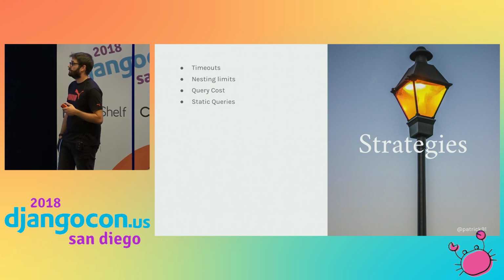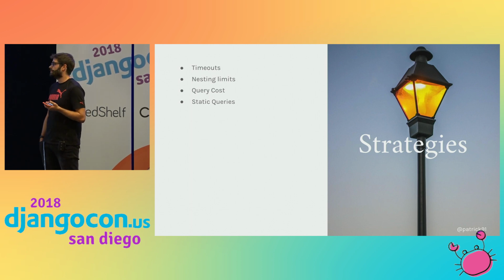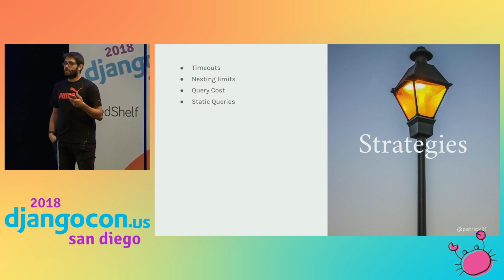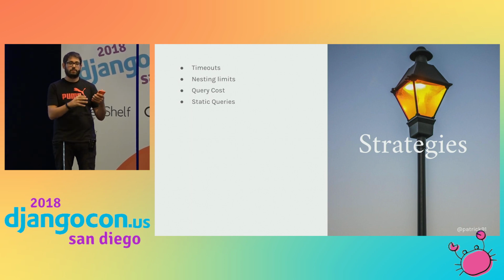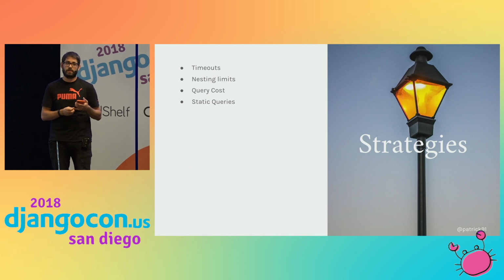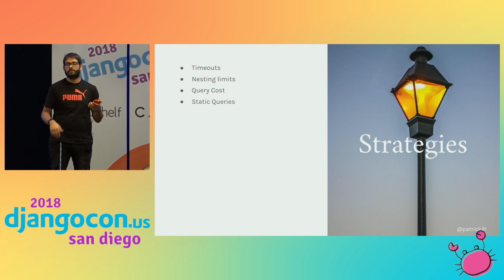And you can also do static queries. It's something that a few companies are doing. I think Instagram is doing it. Basically, since they have control of the whole pipeline, they can build a list of queries they're doing in their application, and save it on the backend either in the database or on files.